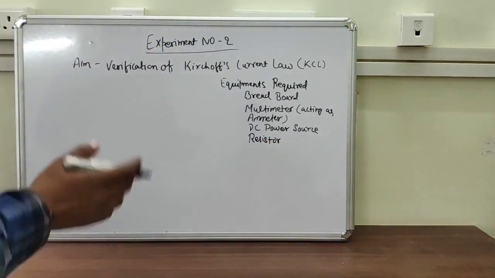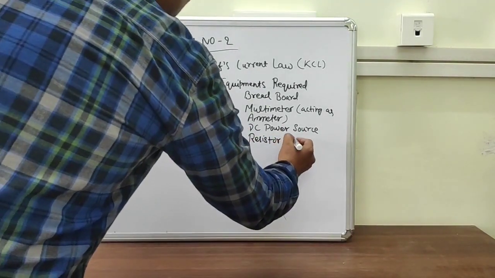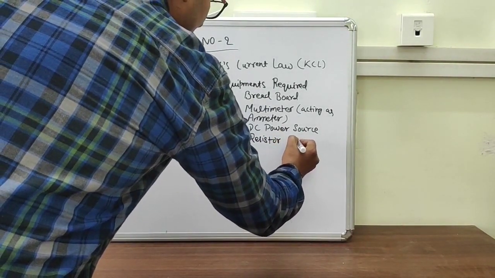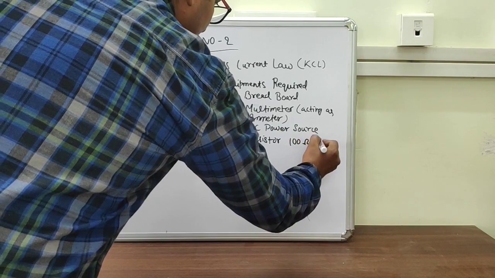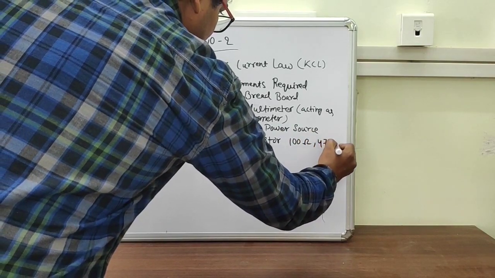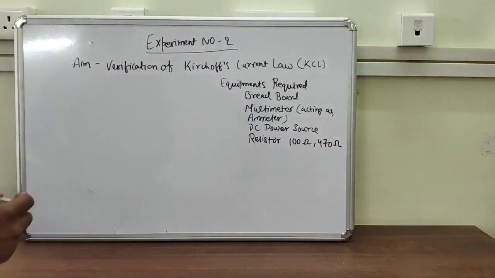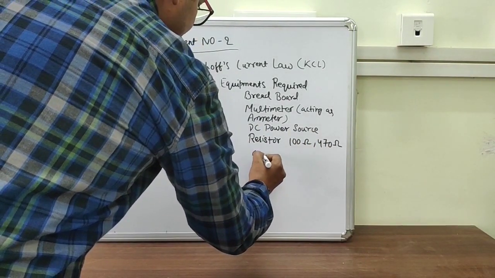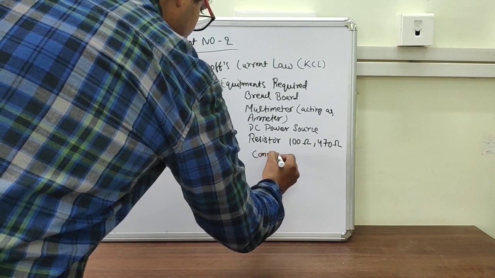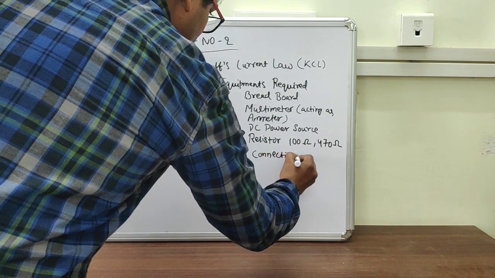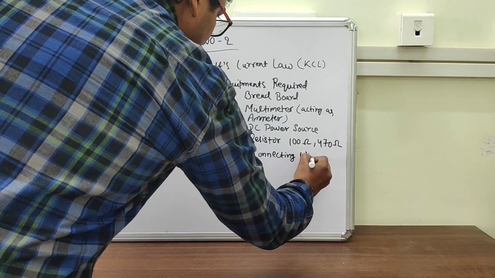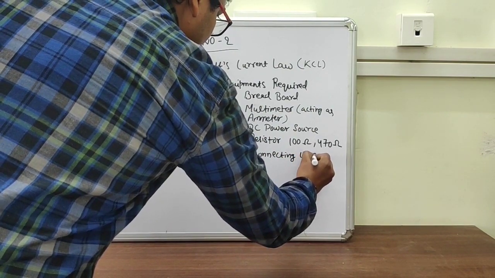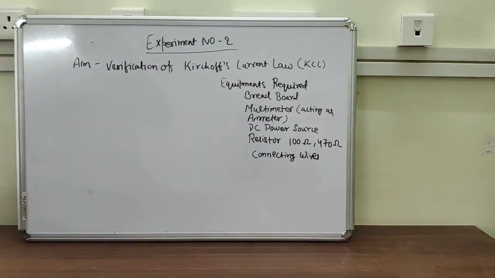We are going to use two resistors, the values of which would be 100 ohm and 470 ohm. We also need connecting wires. So these are the components which we require to perform our experiment.